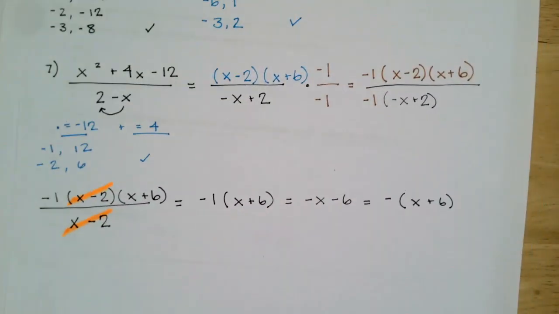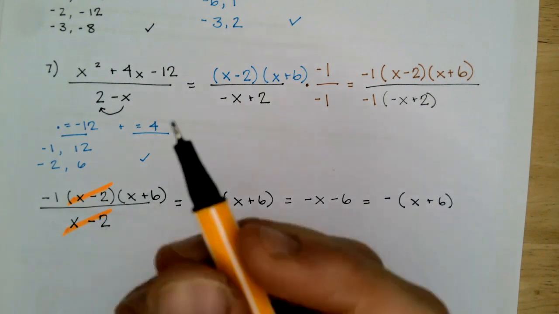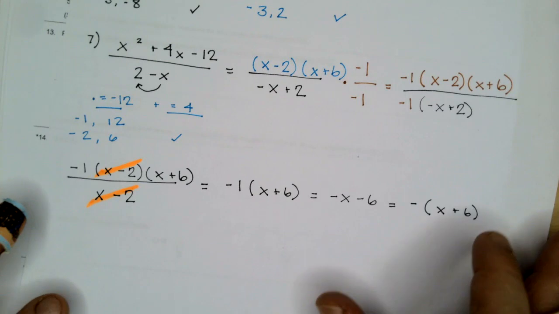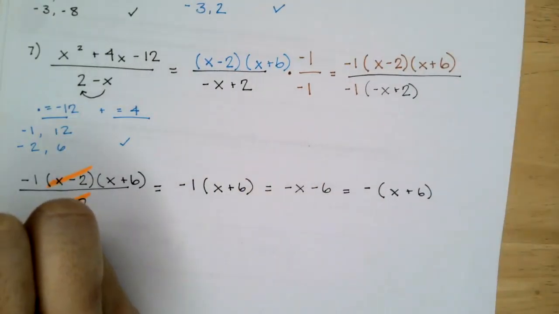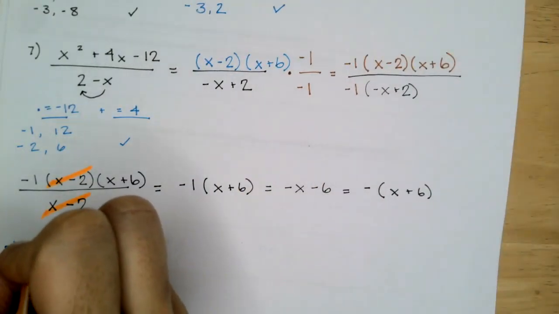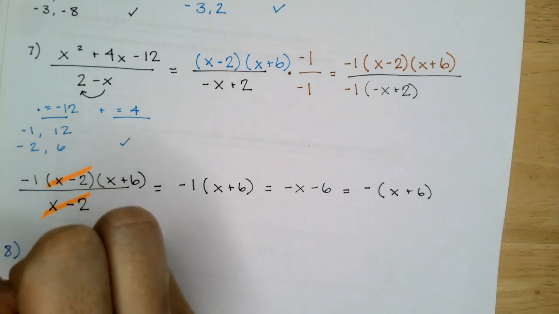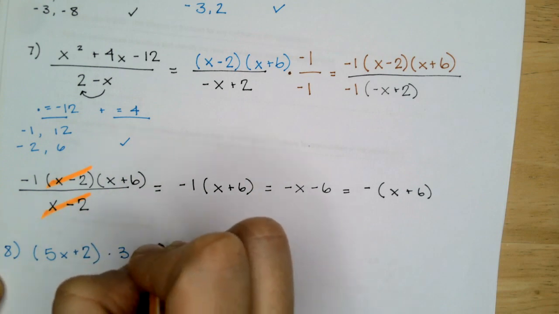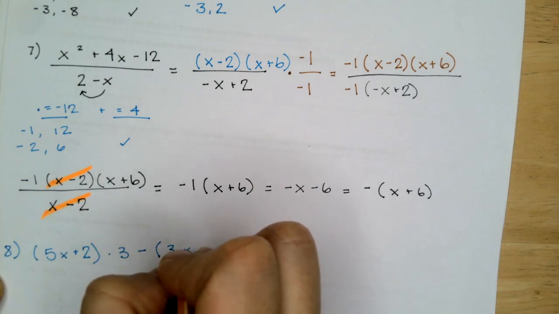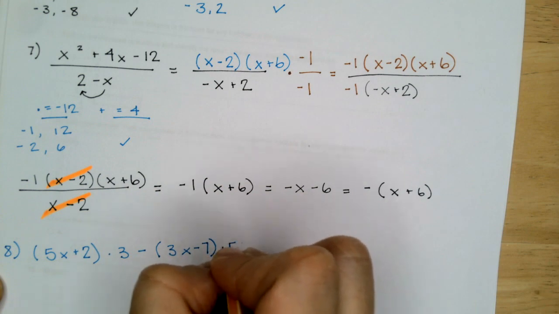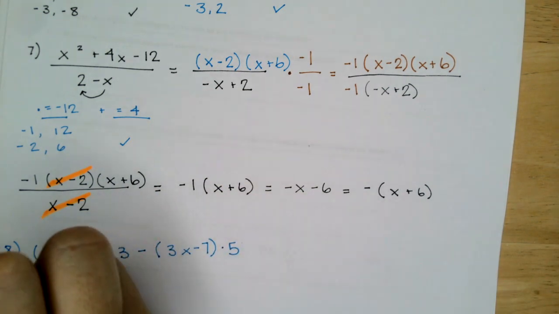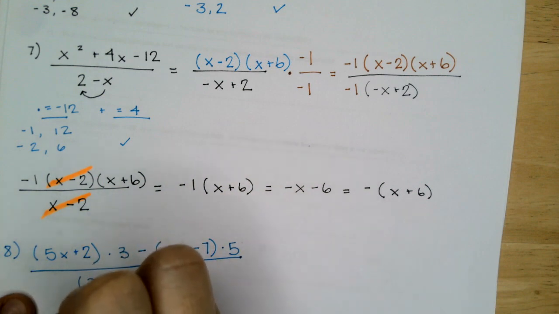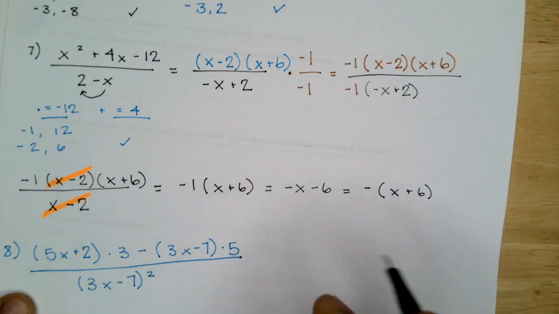Number 8 says, we have 5x plus 2 being multiplied by 3, and then we're going to subtract the quantity 3x minus 7, and then we're going to multiply all of that by 5 over what is written as 3x minus 7 quantity squared.